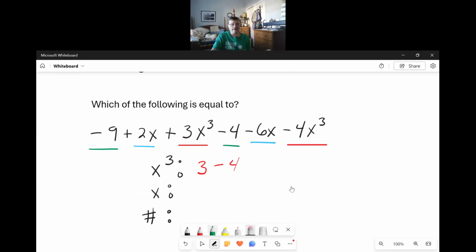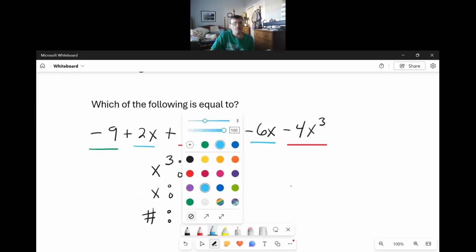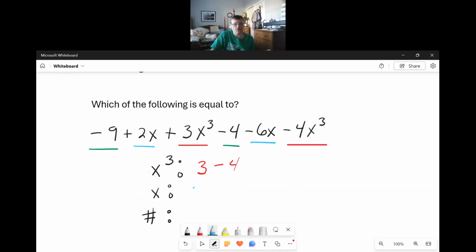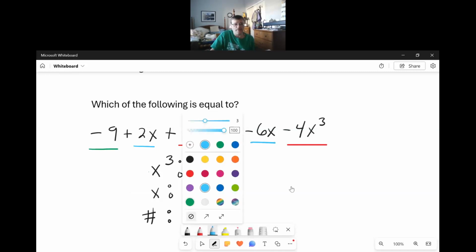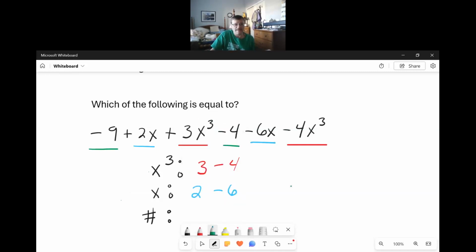Now for the x's by themselves, we have 2 and minus 6. And then lastly, for the numbers by themselves, we have negative 9 and minus 4.